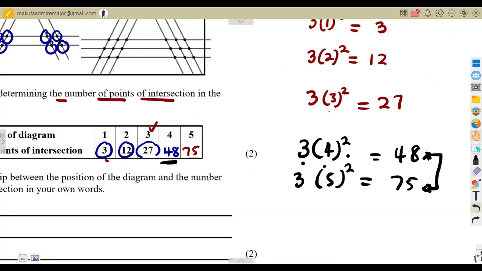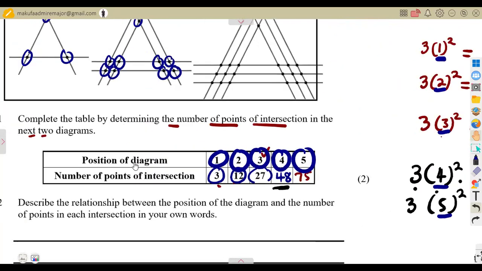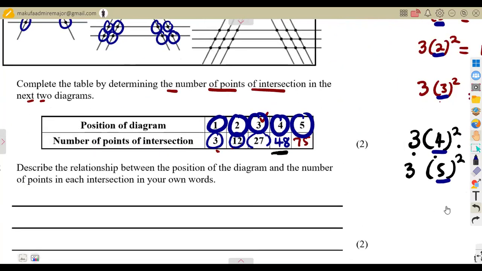So according to this, it is easier because we are seeing that these numbers that are being squared, 1, 2, 3, 4, 5, are the position of the diagram. So we are going to have the position squared.